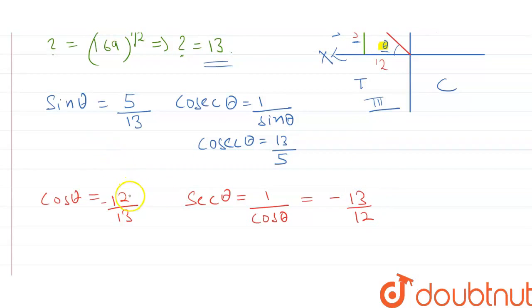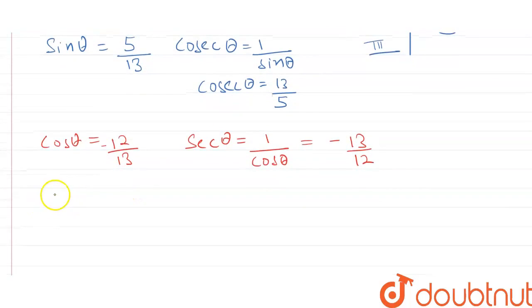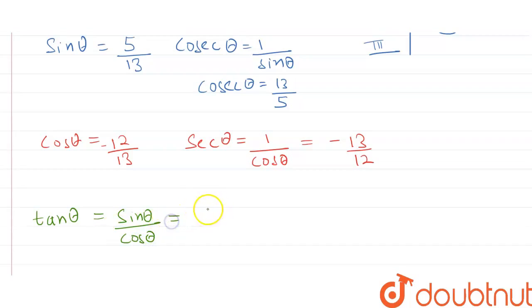We have calculated sine, we have calculated cos, another is your tan theta. We all are aware that the value of tan theta equals sine theta upon cos theta. So the value of sine theta is 5 by 13 divided by cos theta, that is minus 13 by 12, so the final answer comes out to be 5 by 12.